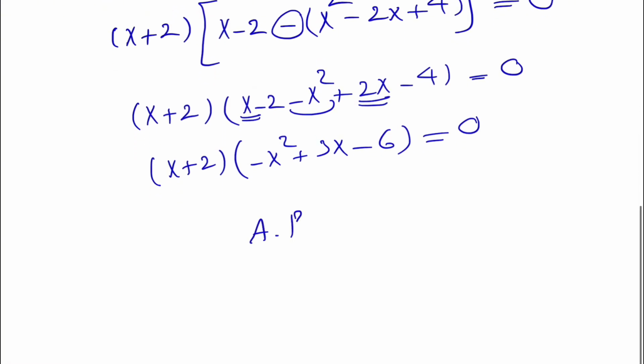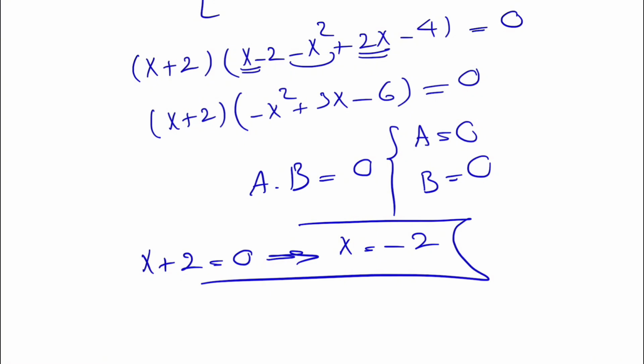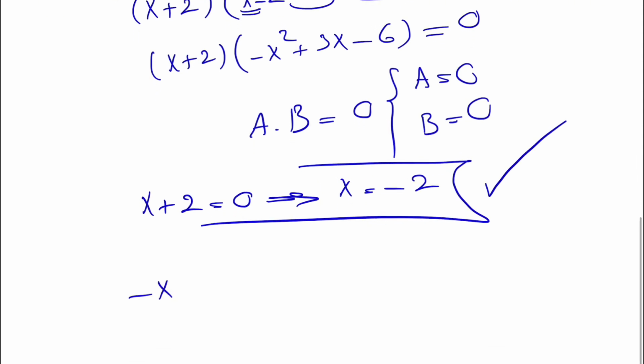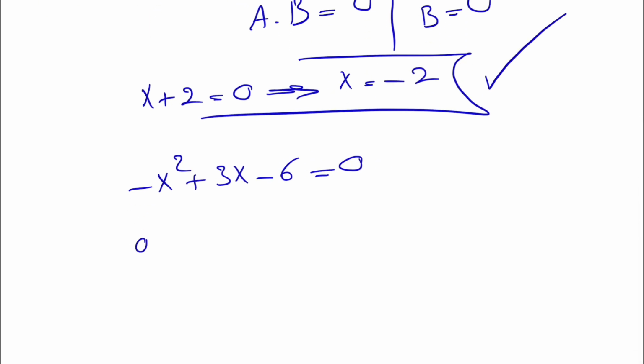And now we have a times b equals 0, meaning a can be 0 and b can be 0 too. So let's start with x plus 2 equals 0, meaning x can be minus 2. That's one answer that can satisfy that equation. And the second one, we have minus x squared plus 3x minus 6 equal to 0. We have a quadratic equation where a is minus 1, b is 3, and c is minus 6.